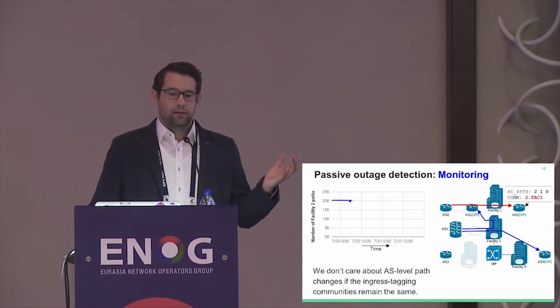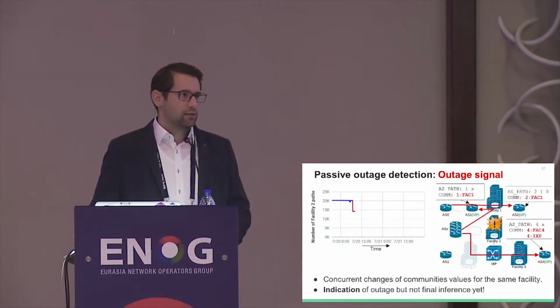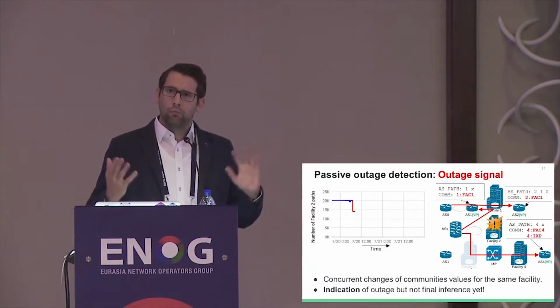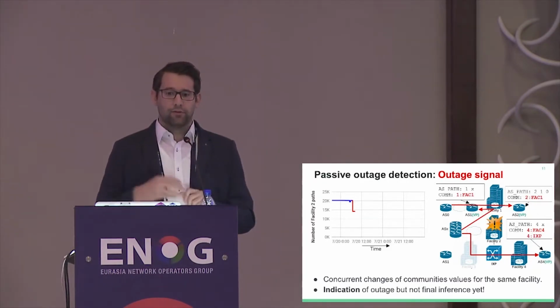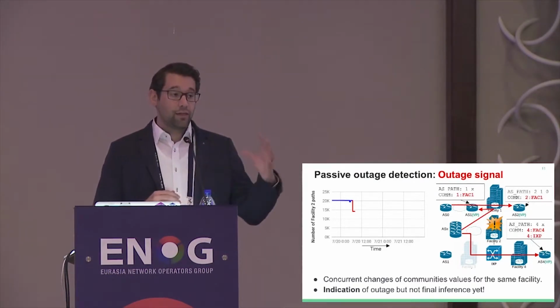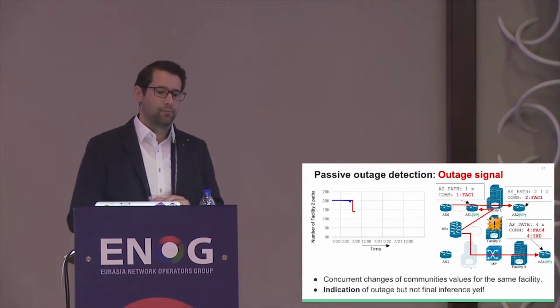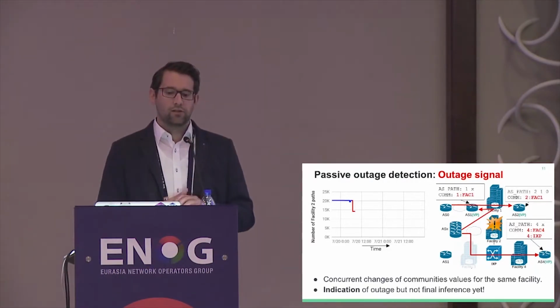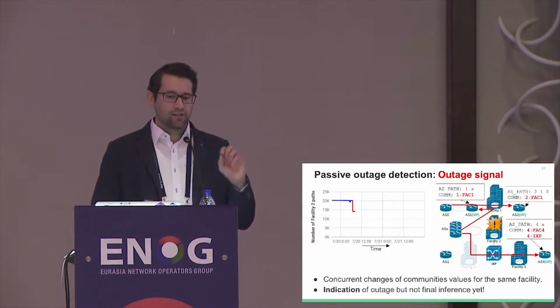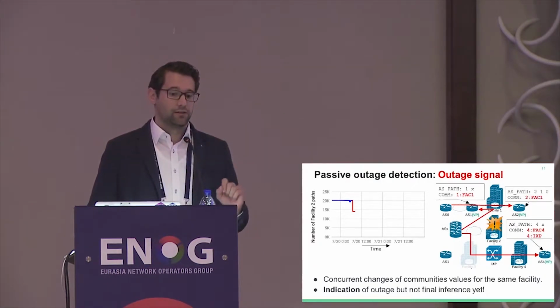And then, again, we have an event, an outage signal. From here, we see that all or most of the paths that traverse facility 2 go away to other facilities at the same time. So we have concurrent changes of community values for the very same facility. And this is just an indication yet.